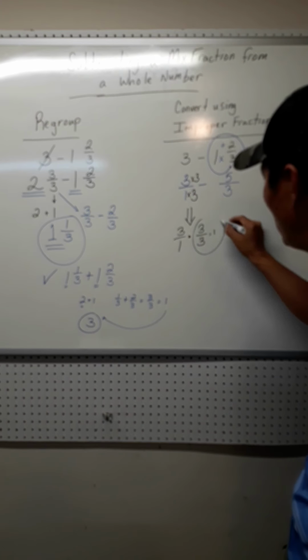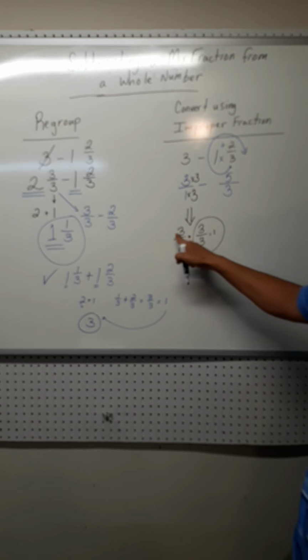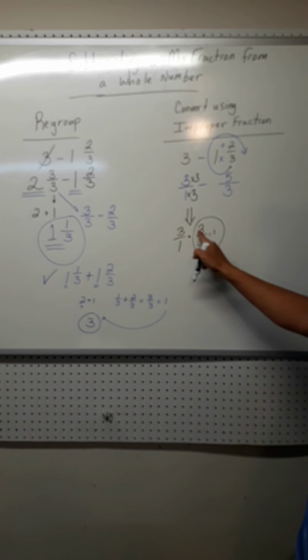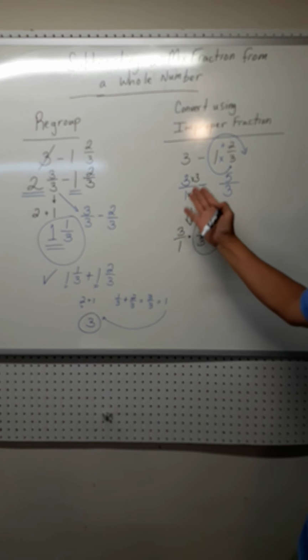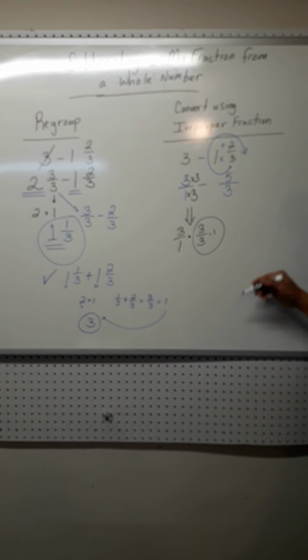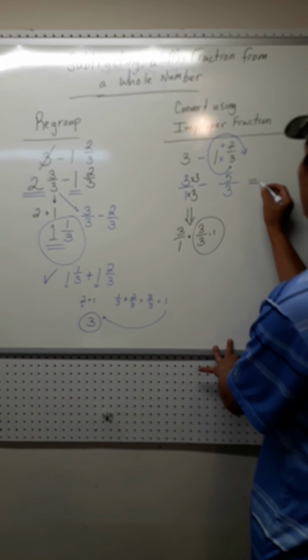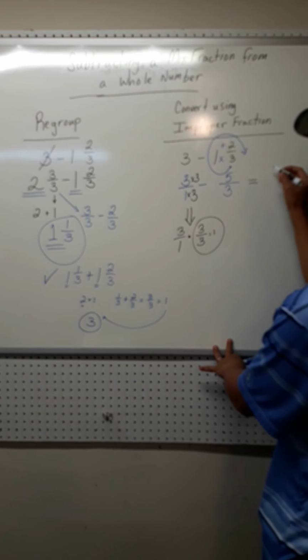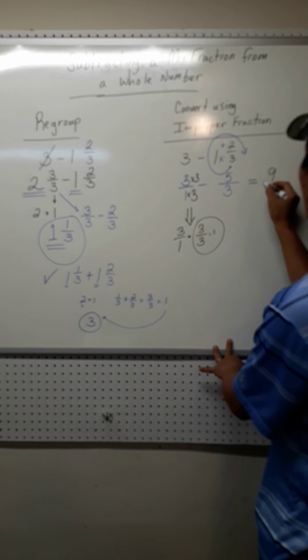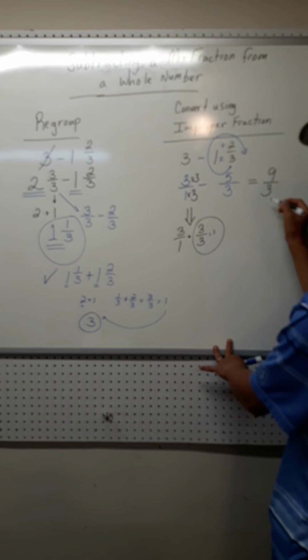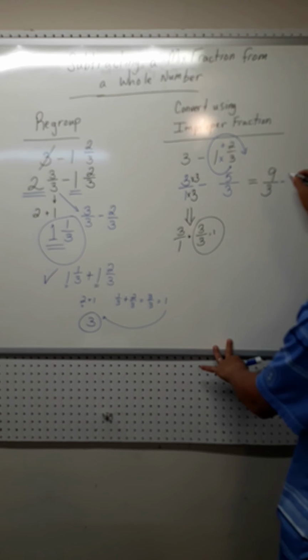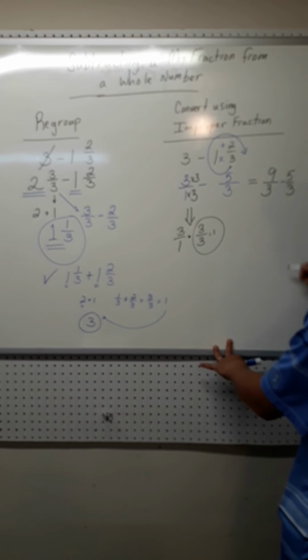This here is 1. So anything times 1 is itself. So it didn't change the value. It just made it equivalent. And that's all it did. So now I come over here. 3 times 3, which is 9, over 3 minus 5 over 3.